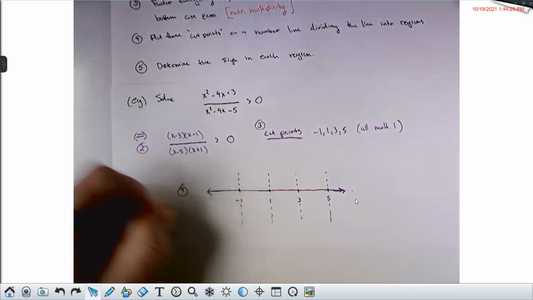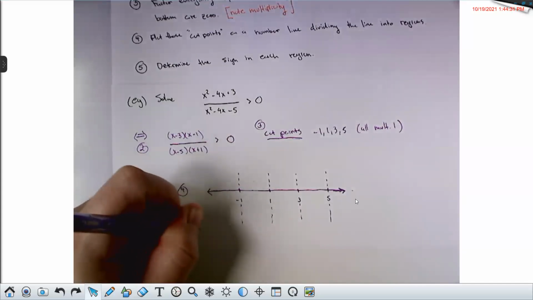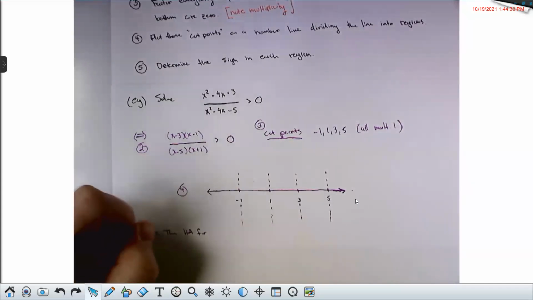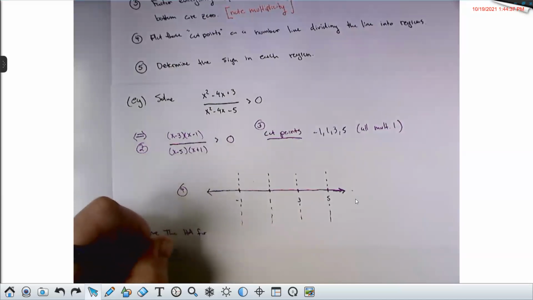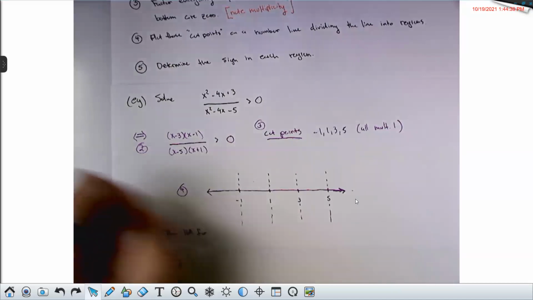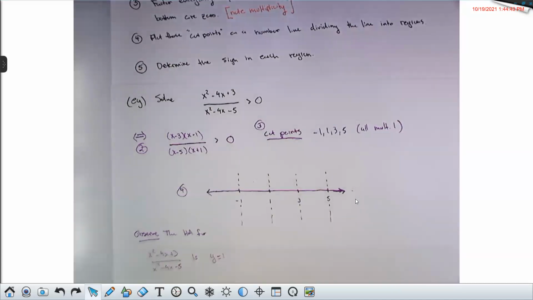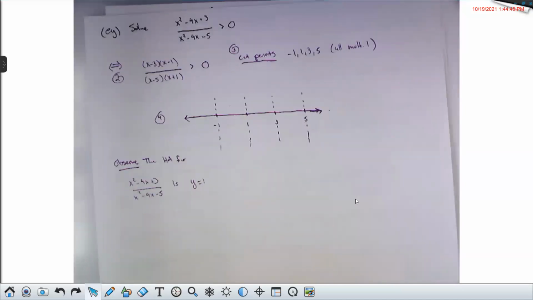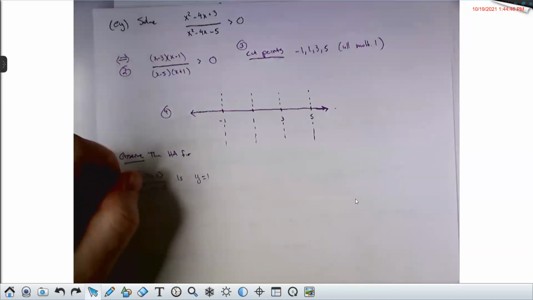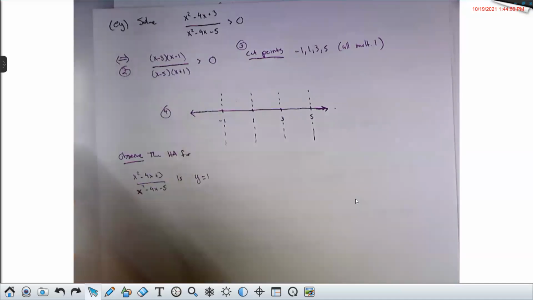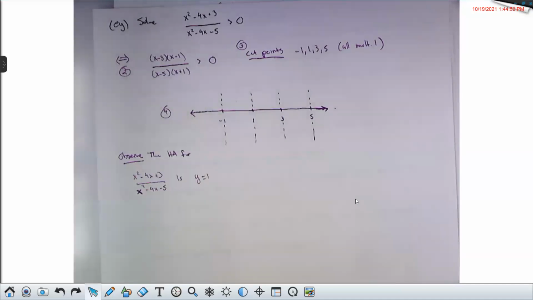The horizontal asymptote for my function x squared minus 4x plus 3 over x squared minus 4x minus 5 is the line y equals 1. All right, the degree of the top and the bottom are the same. So you take the ratio of lead coefficients, that's 1.